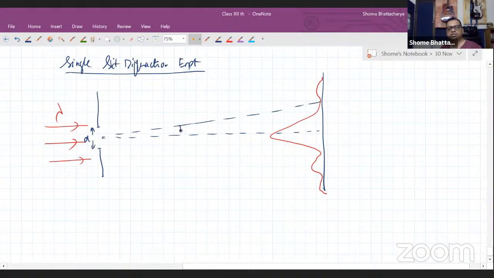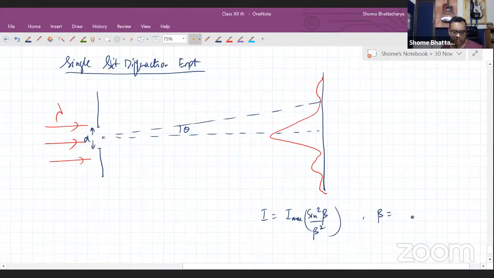At any angular position theta on the screen, we got I equal to I max sine square beta upon beta square, where beta was equal to pi by lambda into a sine theta. From the symmetry point, this point is at a distance y.